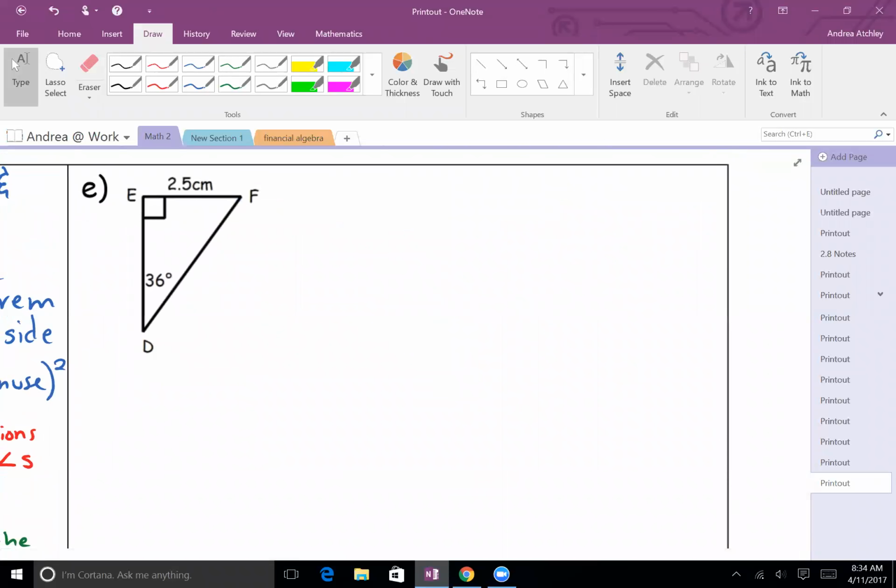Okay, this one's a little different because it gave you one of the angles first and only one side. So the first thing, the easiest thing to find here, is the missing angle.